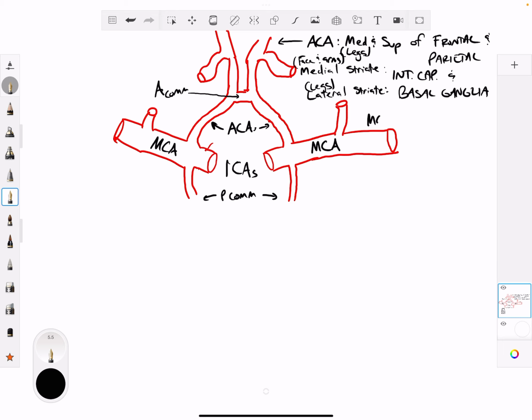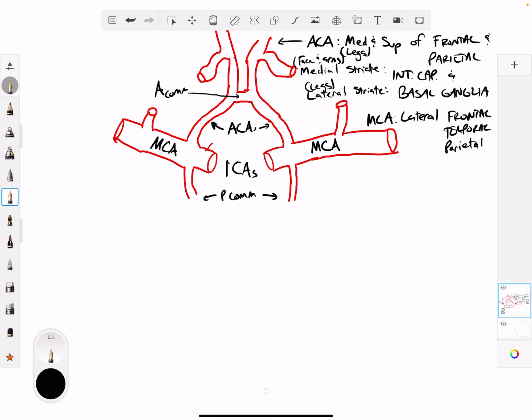Superficial branch of the middle cerebral artery serves the lateral aspects of all the frontal, parietal, and temporal lobes for the most part. A little bit of occipital, but now notice the lateral frontal lobes.